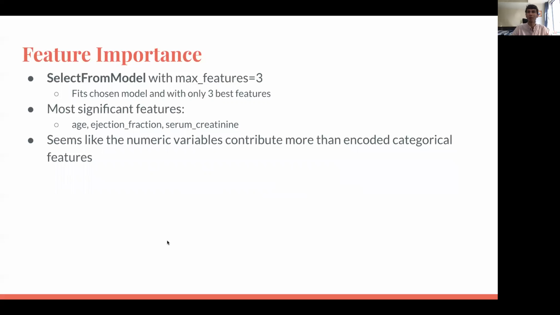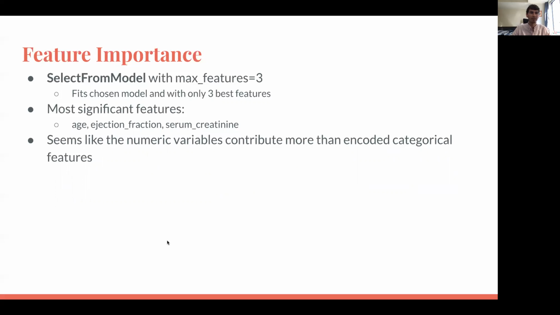So my second question was which of the features are most important. To do this, I utilize SelectFromModel, which allows you to specify a max number of features. So I fit this on my chosen model only to get the three best features to figure out what they are. I was really just interested in which ones are most significant.